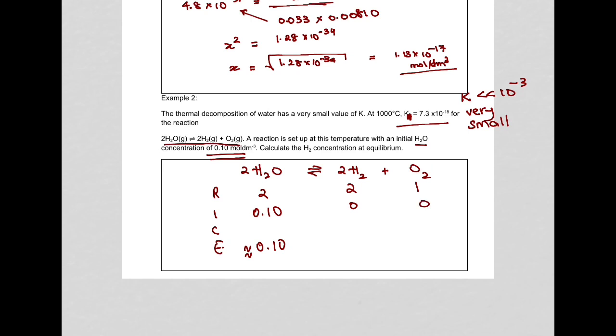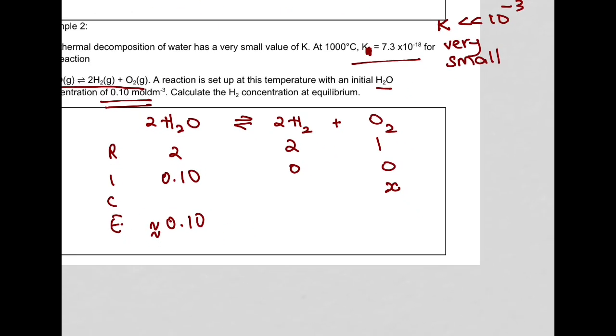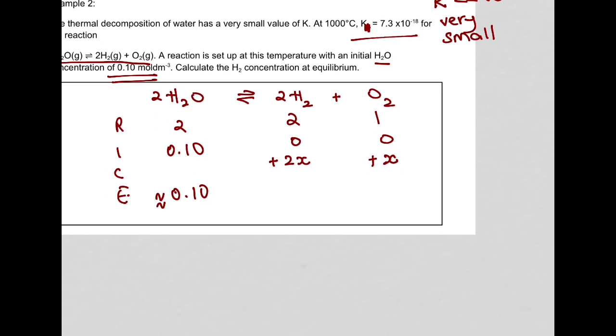Initially there's no H2 and there is no O2. Now H2 and O2 will increase. They will increase by very small amounts. Let's say oxygen is going to increase by X. Now because the ratio is 2 to 1, if oxygen increases by X, H2 will increase by 2X. So this is going to be 2X and this is going to be X.